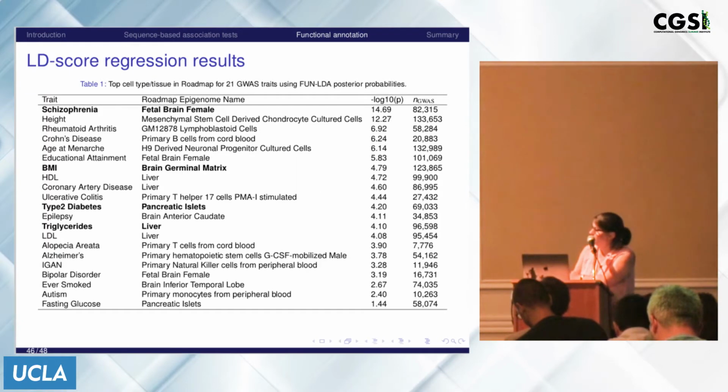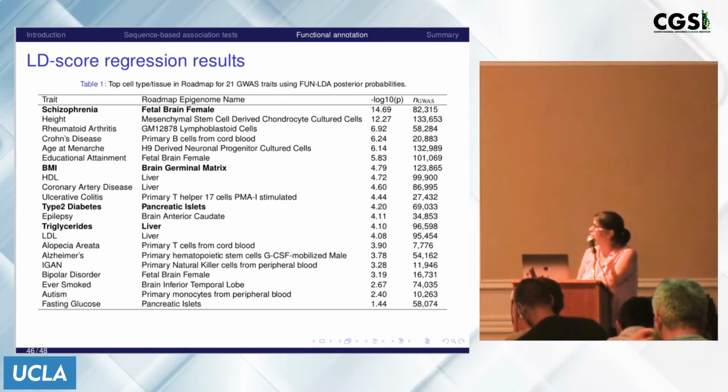Okay, and so using summary statistics across a number of GWAS studies, we've run this LD score regression using our functional predictions from FUN-LDA. And what I'm showing here for each trait, in the first column, is the top Roadmap tissues that came up in the LD score regression approach, and basically you get expected results.